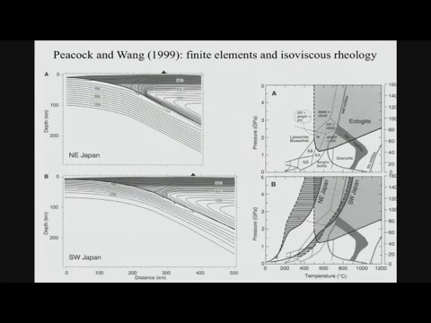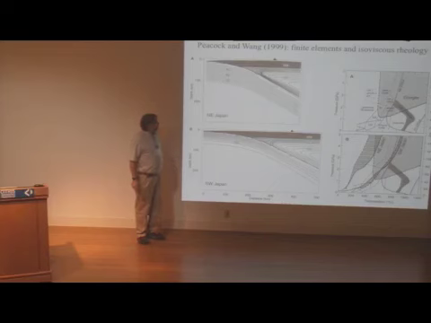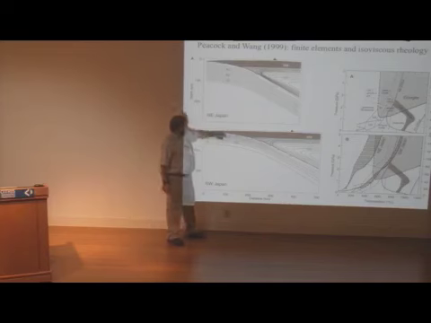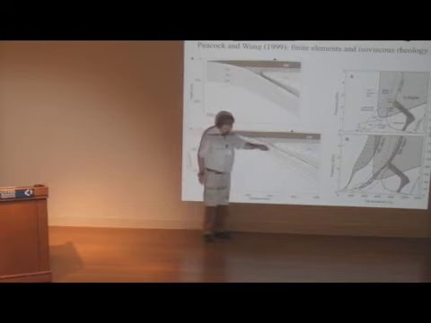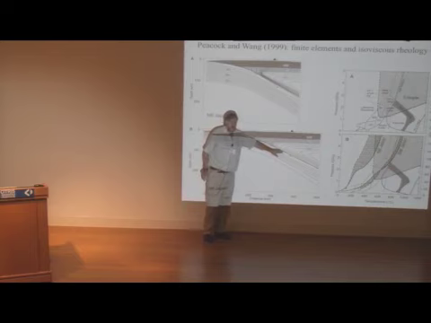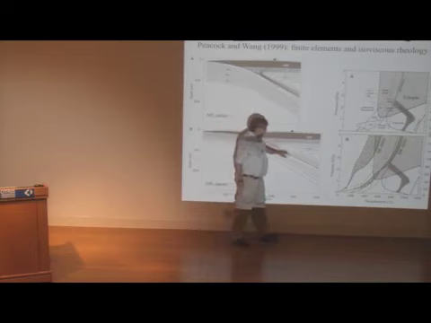We made a step backwards with Simon Peacock and Kelin Wang, who wrote a very influential paper in Science in 1999, where they compared the cold Tohoku subduction zone to the warm Nankai subduction zone. And the differences in the contour lines are fairly obvious, with much more spread out, much higher temperatures. Even though you have a cold corner in both of them, the temperature of the southwest Japan slab is much hotter.